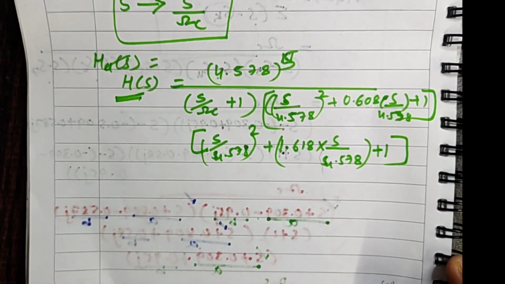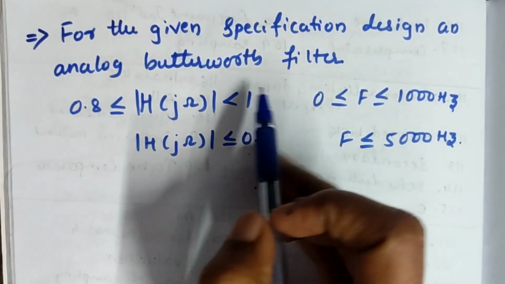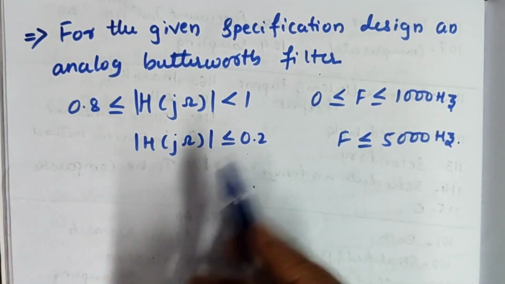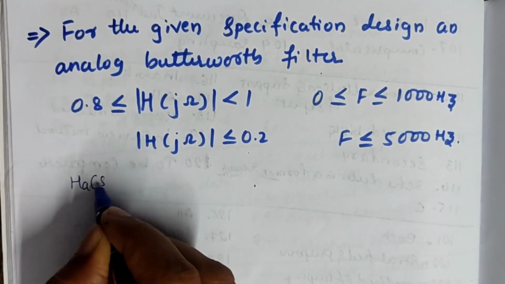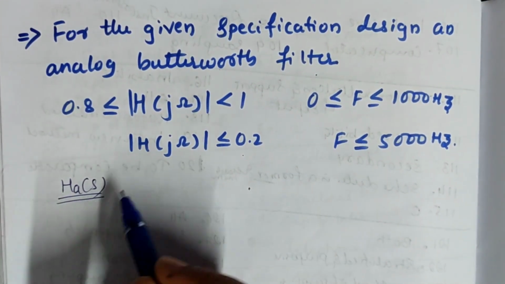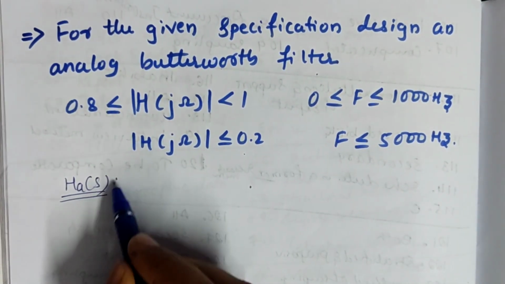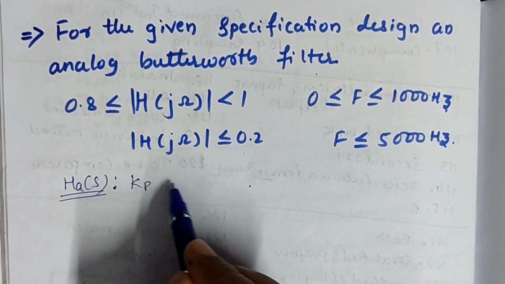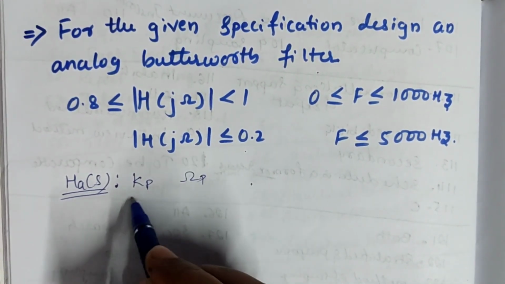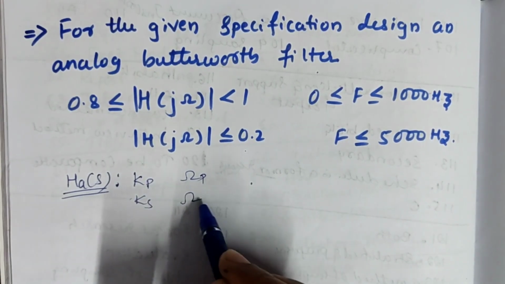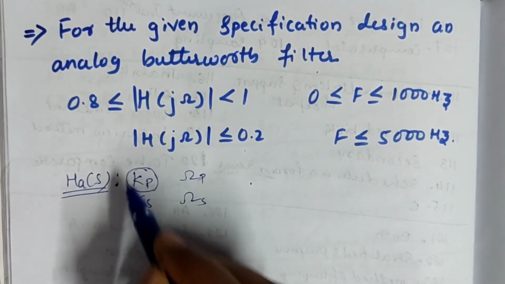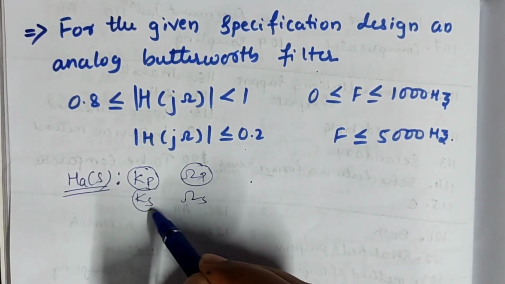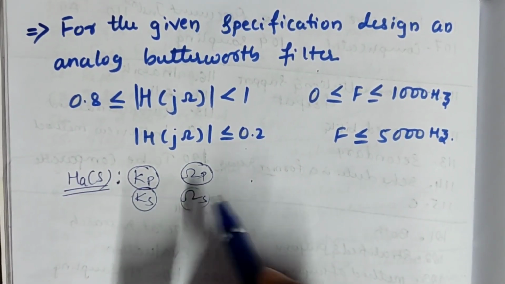Now we will solve one more numerical to design the analog Butterworth filter, which we call HA of S. To design this, as we have followed the steps, first we should have KP and omega P, and KS and omega S, which are the passband gain and passband frequency, and the stop band gain and stop band frequency.